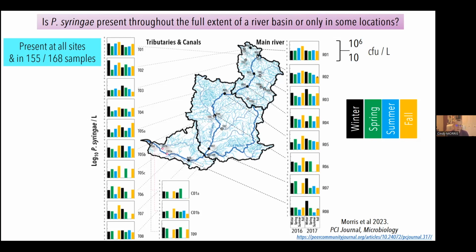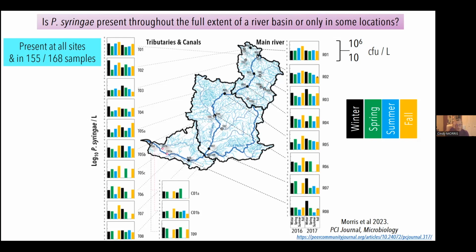And basically, Pseudomonas syringae is everywhere all the time. So this is sort of a complicated situation. It's present at all sites and in 155 of the 168 samples we took. This is not the same for the soft rot enterics, and you can read about those details in a paper, but Pseudomonas syringae is there all the time.